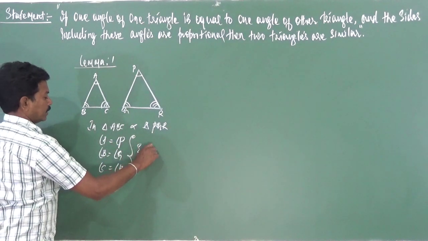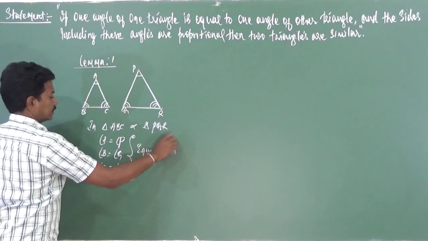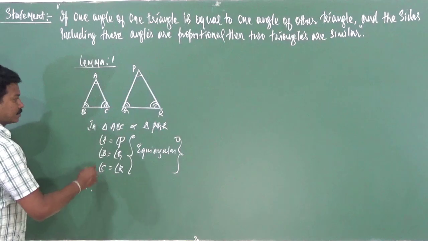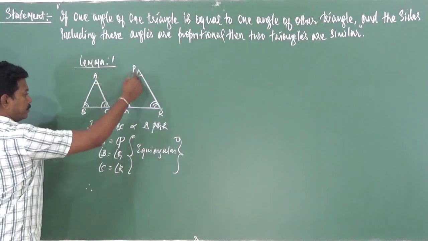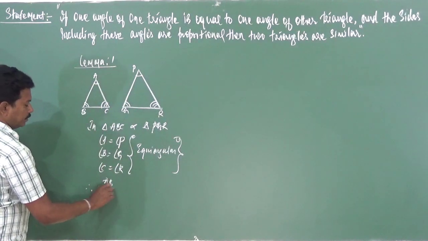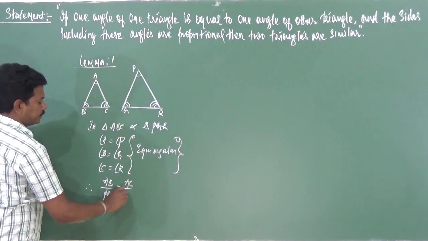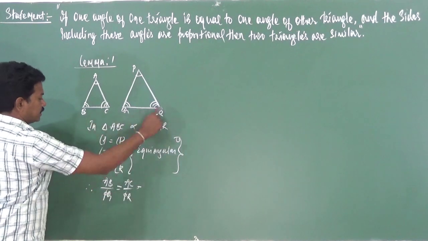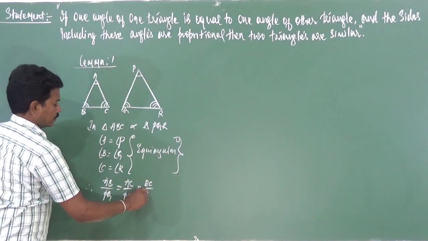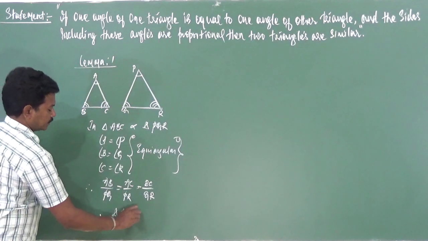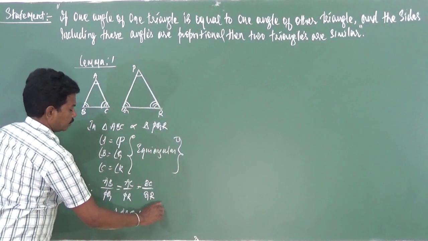So if two triangles are equiangular then they are similar, because their corresponding sides will be proportional, that is AB by PQ will be equal to AC by PR, which is equal to BC by QR. Therefore triangle ABC is similar to triangle PQR.